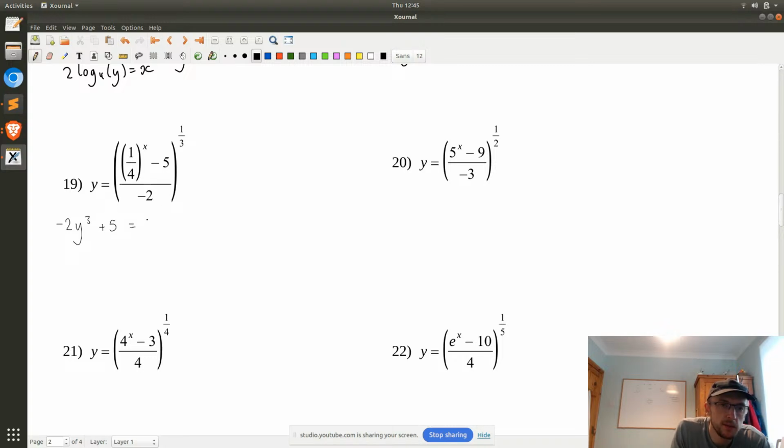Well, that's equal to a quarter to the power of x. So just do log base a quarter of both sides. There, like that.